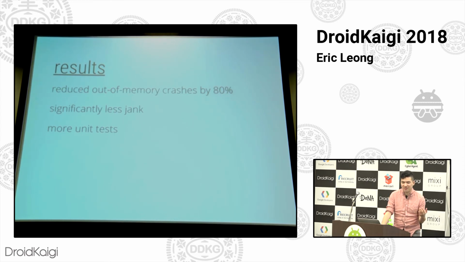Obviously it's a lot faster now because we're only inflating individual components of a post. And lastly, like I said, we have a lot more unit tests for the association between the post and what we're trying to see on the screen, because now it's not all tied up into a single adapter.